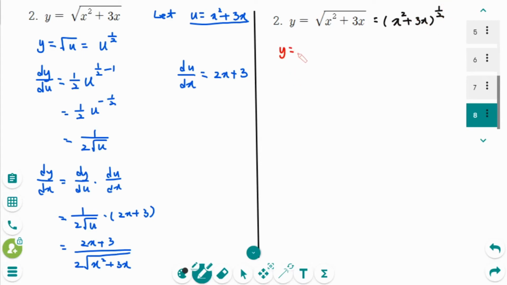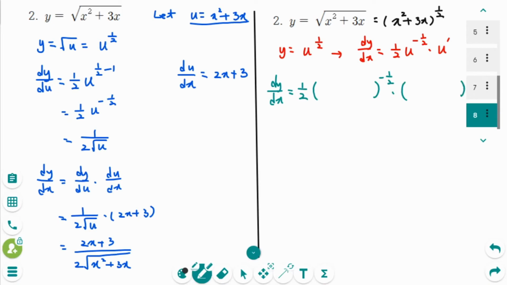Think y equals u to the power of 1/2. Then dy/dx equals 1/2 u to the power of minus 1/2. Derivative of outer function, then derivative of inner function. Back to the original, dy/dx equals 1/2 u to the power of minus 1/2 times u prime.